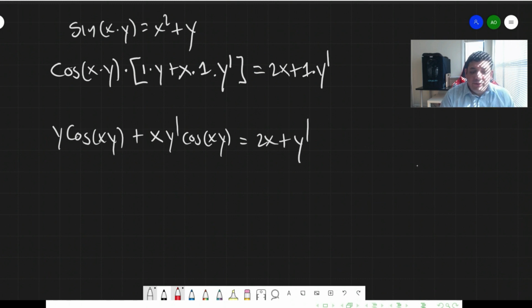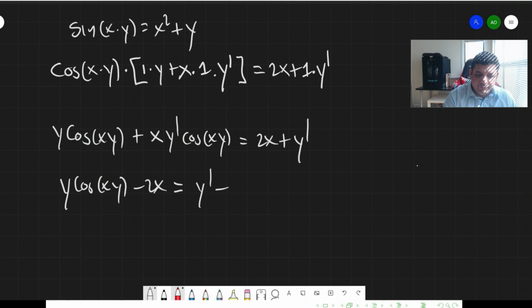So now the thing that we need to do next is put everything that has y prime on one side, and so that is going to yield the following.